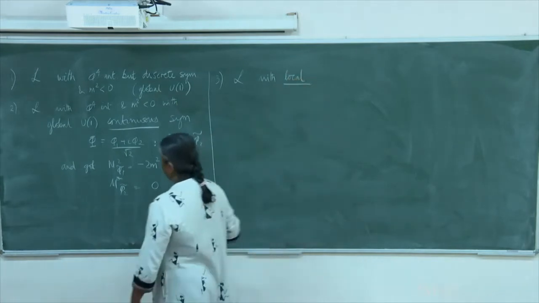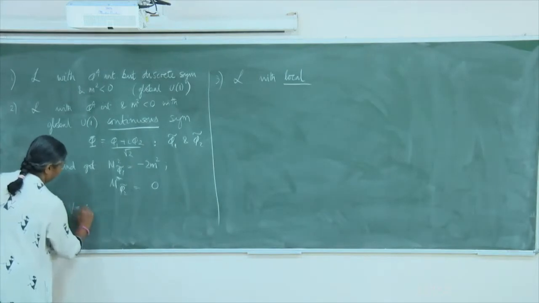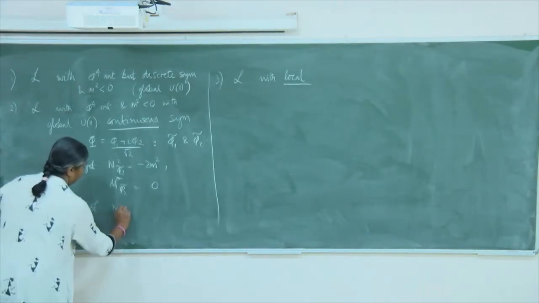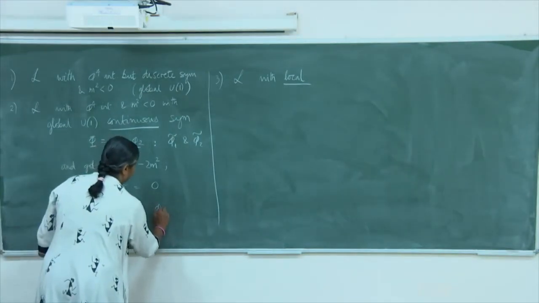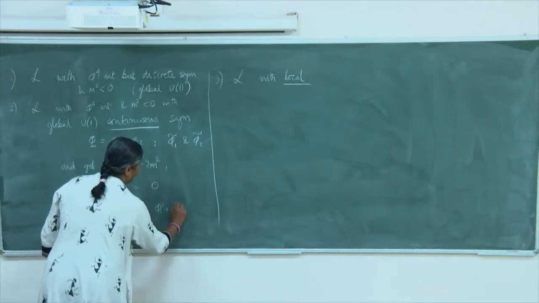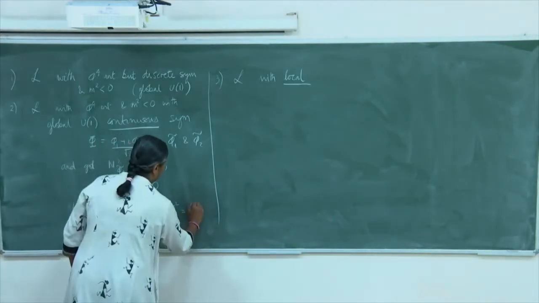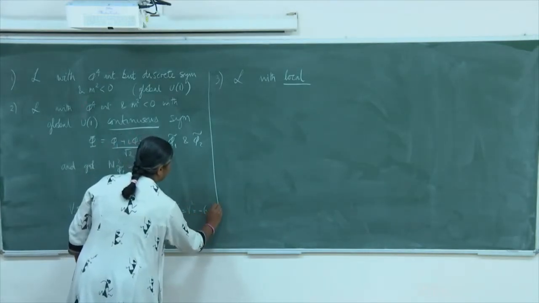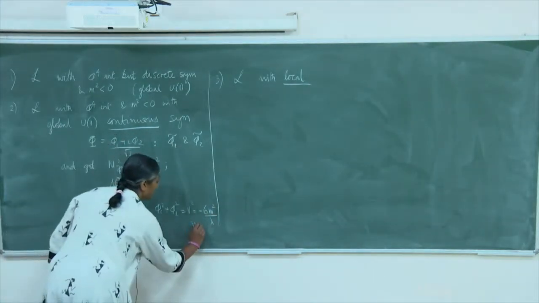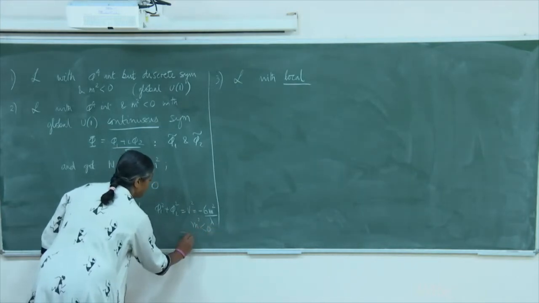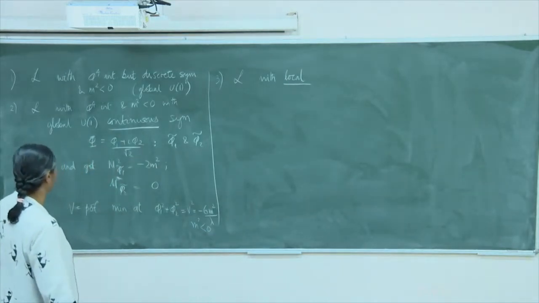So in each case, by the way, let me remind you, in each case we got the potential minimum at phi 1 squared plus phi 2 squared, or in the first case only phi squared, it had only one phi, is equal to v squared is equal to minus 6 m squared by lambda, okay, for m squared less than 0 and is equal to 0 for m squared greater than 0. So that we are not going to write at all, we are not interested in that solution, okay.